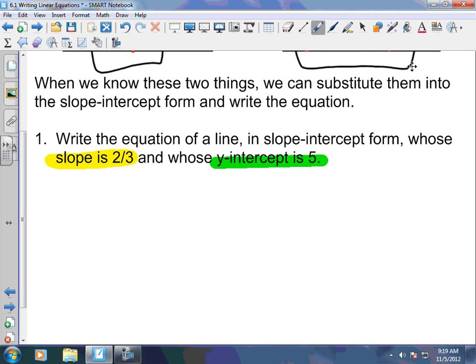Here's how difficult this is. I'm writing the equation of a line, y equals blank x blank. These blanks represent what I need to find. My slope is 2/3. My slope goes right next to my x, so I put 2/3 here. My y-intercept is 5.